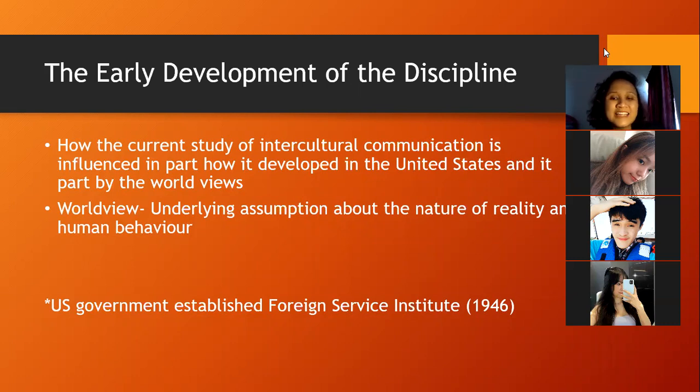That's why in 1946, the United States government established the Foreign Service Institute for Americans to go out and learn other communities' behavior, work in different parts of the world, and explore how other communities react with each other and with their country as well.